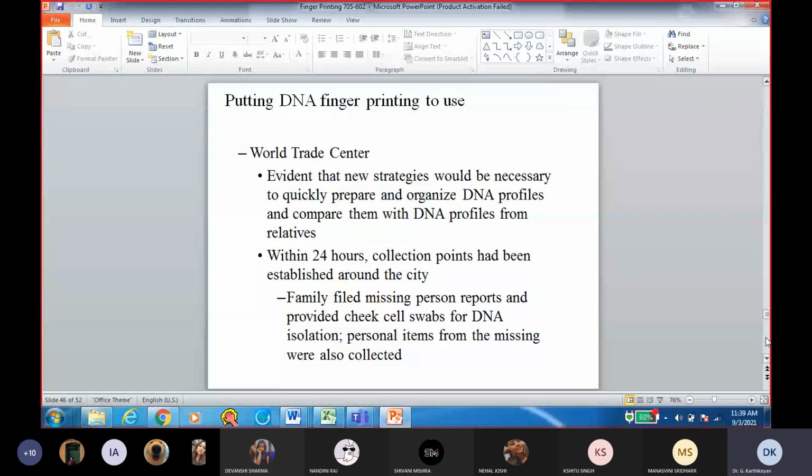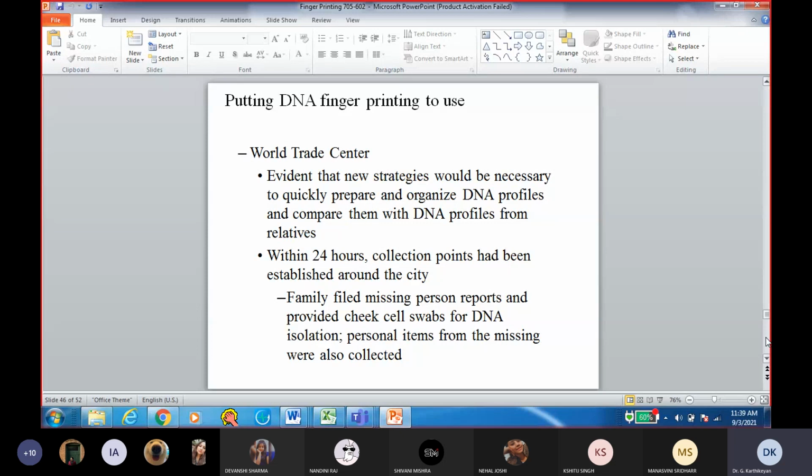Within 24 hours of this 9/11 tragedy, the U.S. government acted very quickly, and they organized collection points around the city. The families filed missing person reports, and the family members gave their cheek cells as swabs for DNA isolation.